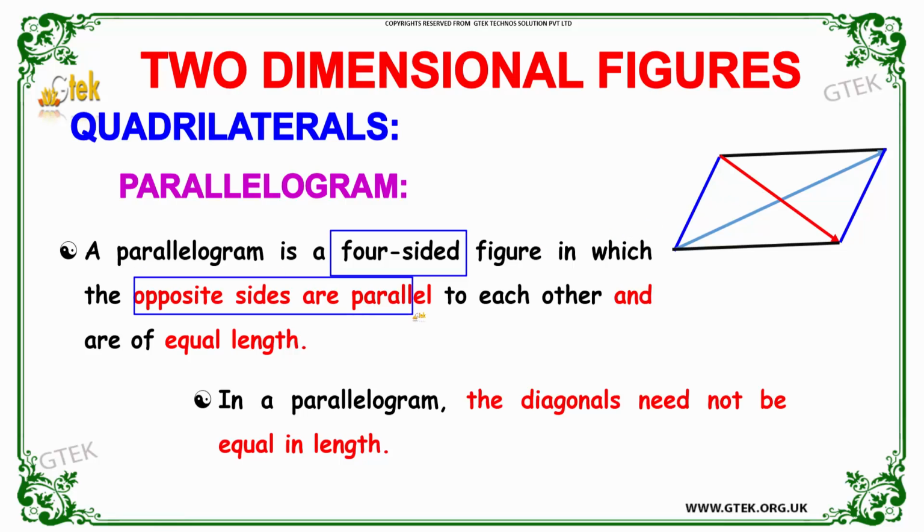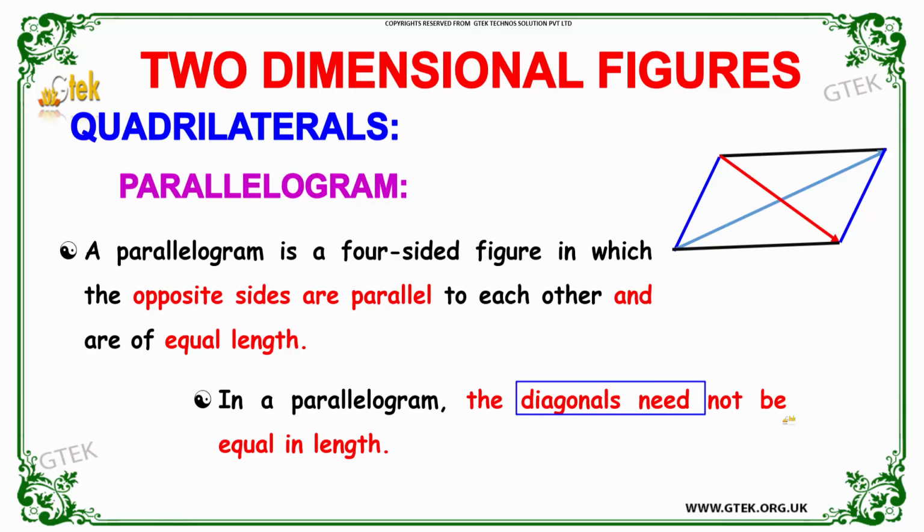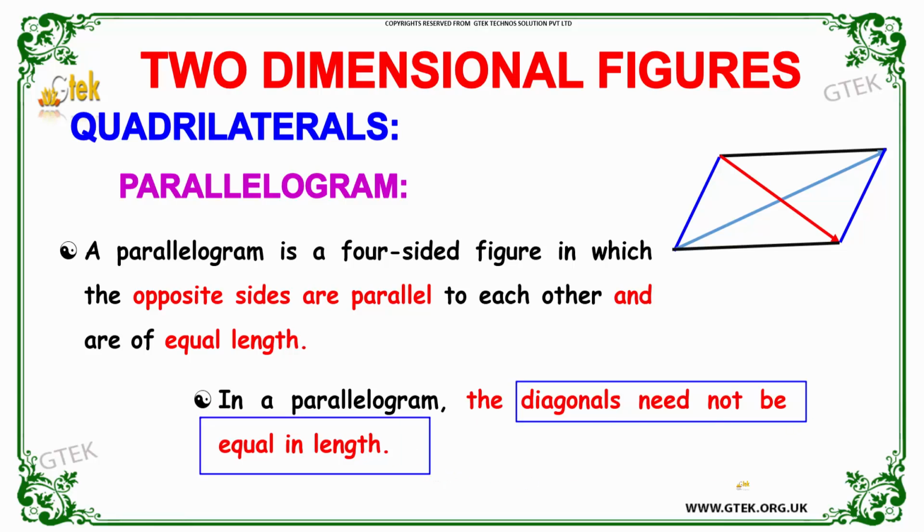So that is the condition for a figure to be a parallelogram. The opposite sides must be parallel and they should have equal length. It is not necessary that the diagonals of a parallelogram should be equal. So the diagonals need not be equal in length in case of a parallelogram.